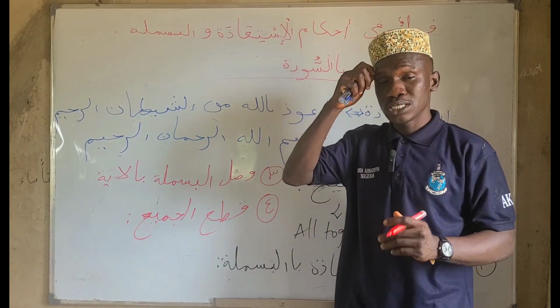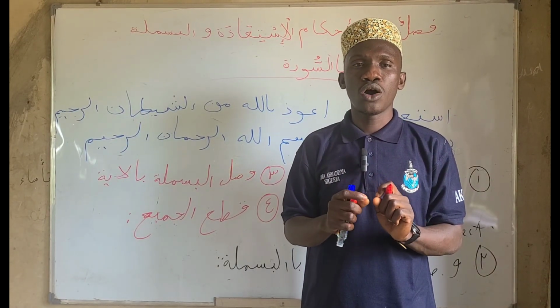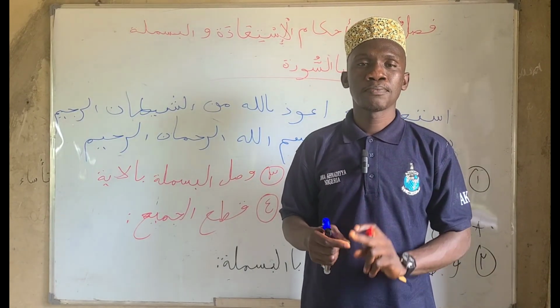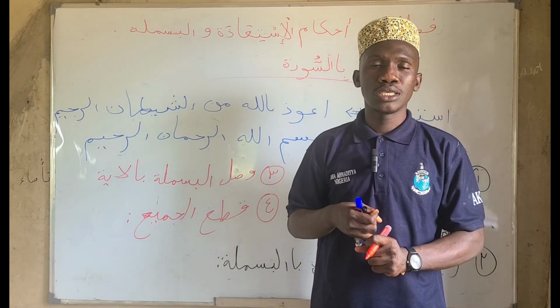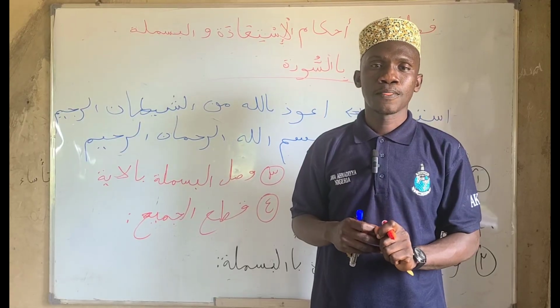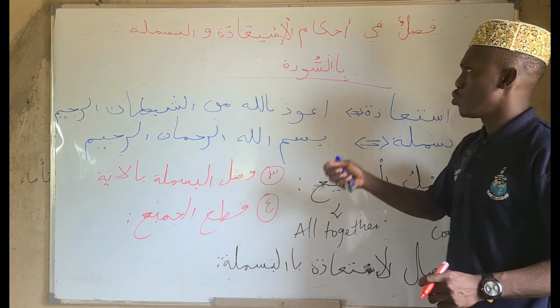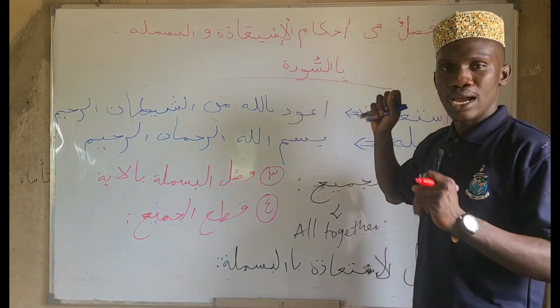The example of this is: أعوذ بالله من الشيطان الرجيم، بسم الله الرحمن الرحيم، قل هو الله أحد. So that is the fourth way in which you can read Isti'ādhah and Basmalah with the ayah you want to read with them.